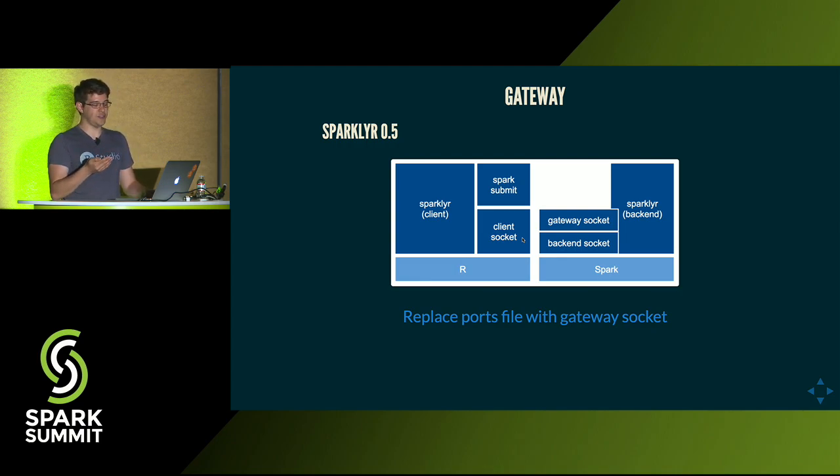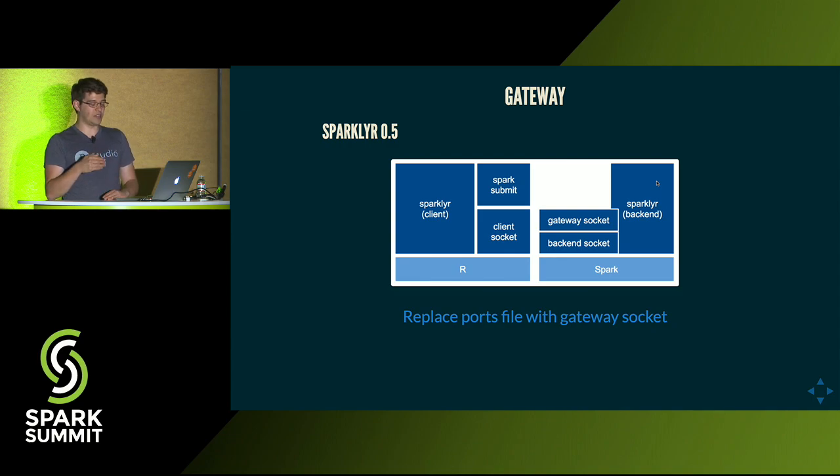If we need an additional port, we can query the backend to get a new socket with a different port number that we can use to connect to this particular backend. One interesting question here is, what happens if I want to have multiple instances, or there are already multiple instances running? We added functionality in Sparklyr to proxy particular connections to the right backend.